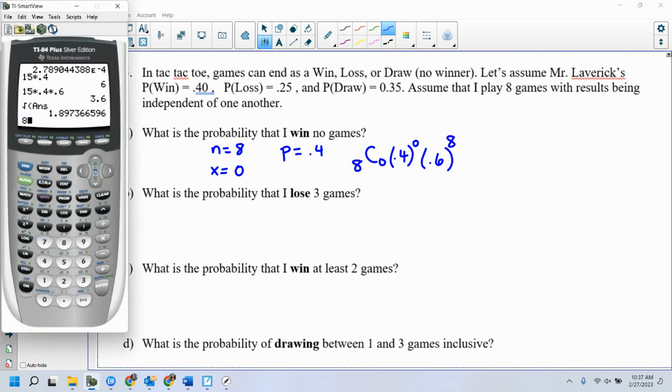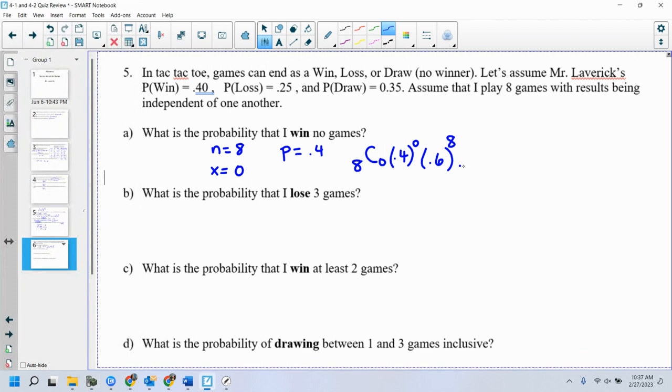So therefore, I've got 8C0, which is just 1, because there's only one way to choose 0, times 0.4 to the 0, which is 1, times 0.6 to the 8th power. That's 0.017, 0.02. 2% chance that I win no games.